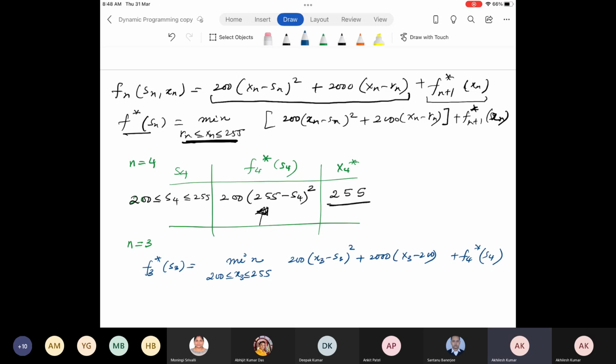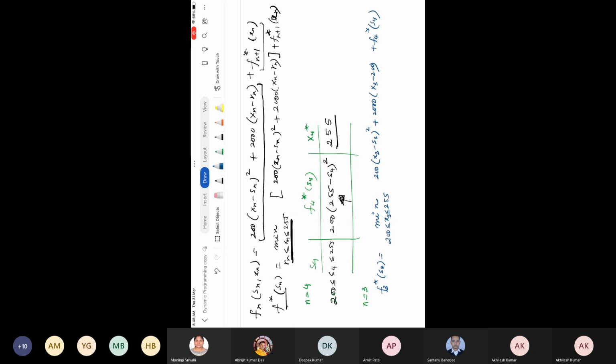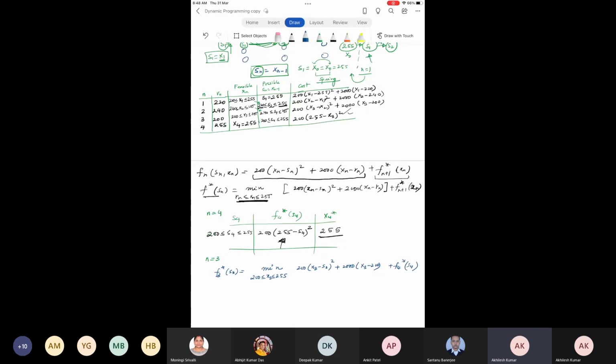I will change the orientation so that you can see the table. So I'm trying to find F3 star of S3 now. See if it looks fine.